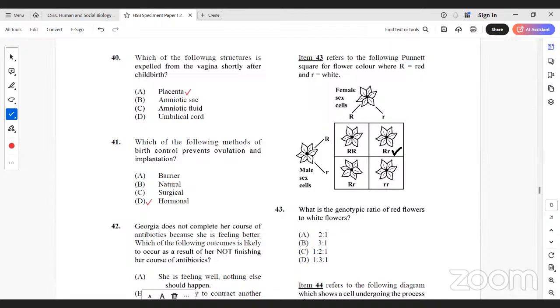So any with a capital R, dominant R, will be red. We're seeing this is red, and we know that this is white. So we just have to count. That's all they're asking us to do, to count.